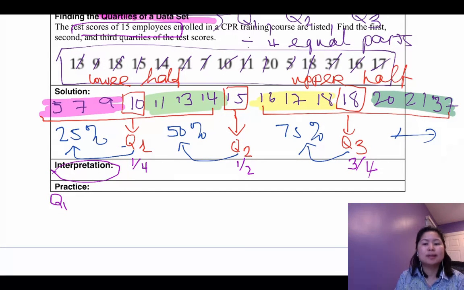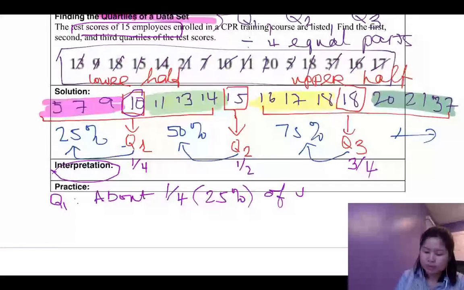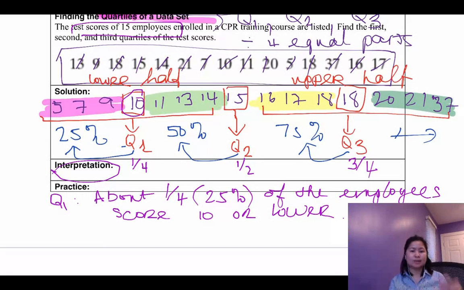If we're going to interpret Q1, which is 10 right here, we can say that about 1/4 or 25% of the employee scores are 10 or lower. That's what it's saying. So Q1 represents 25% or less.